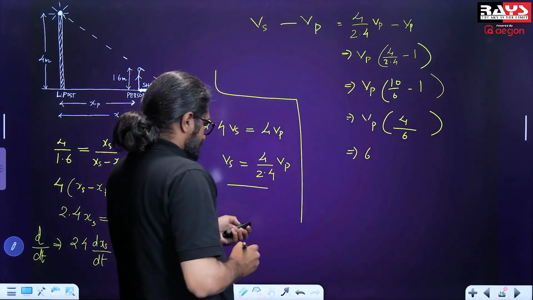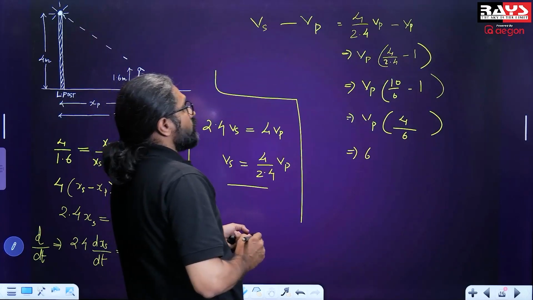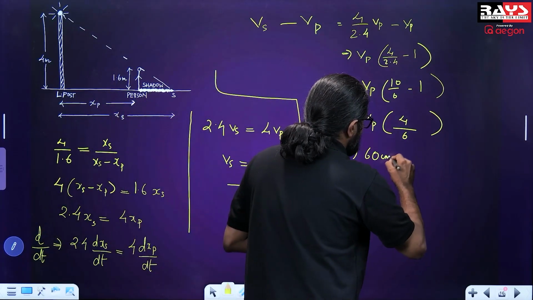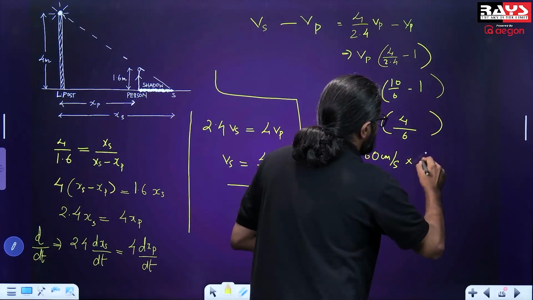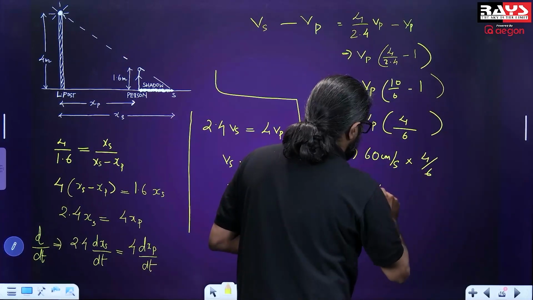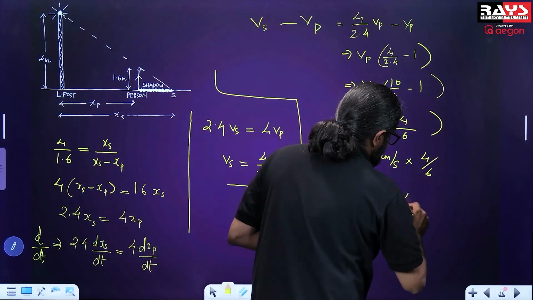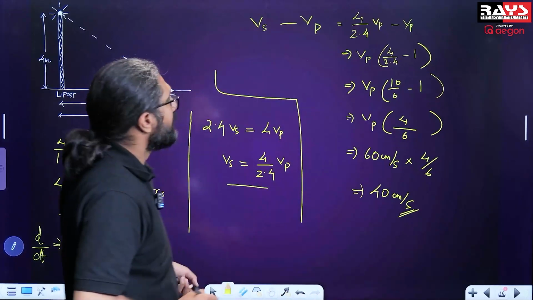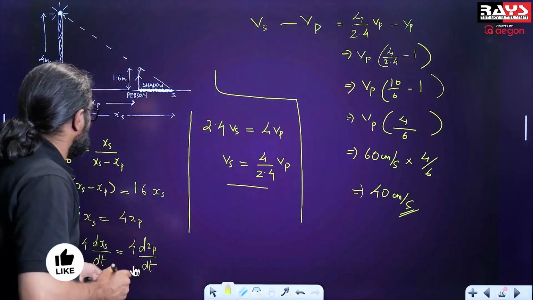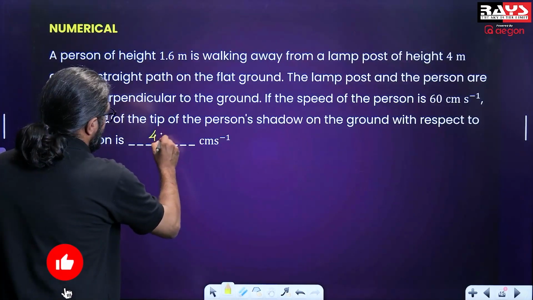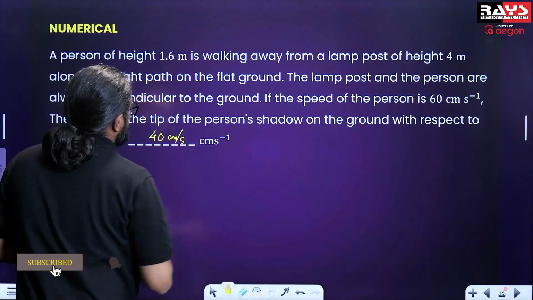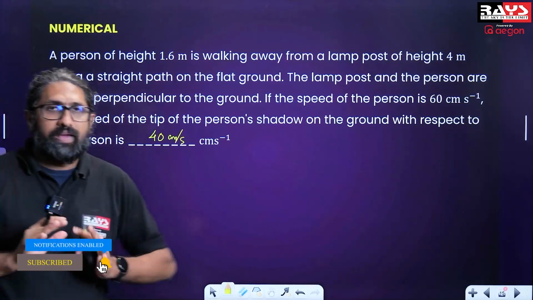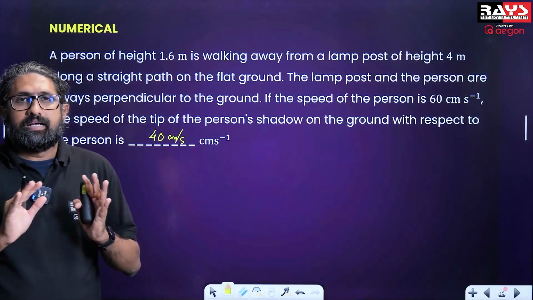Vp is given to you in the question as 60 centimeters per second, so you have 60 centimeters per second multiplied with 4 by 6, that is basically 40 centimeters per second. So the required answer is 40 centimeters per second. So we'll fill that down here. So that's how you solve it. It's a question that is purely based on geometry and kinematics.